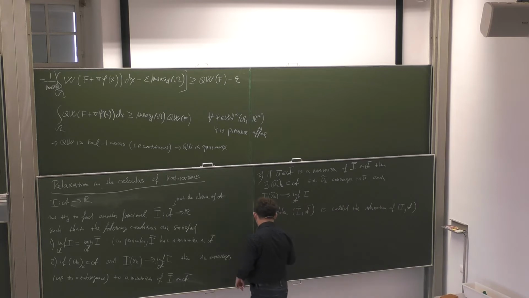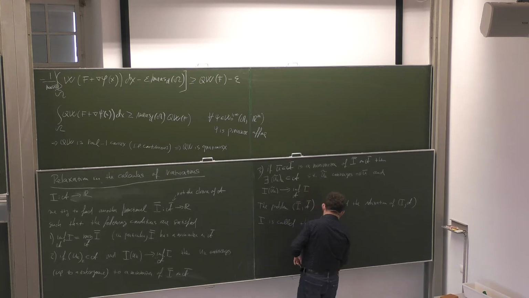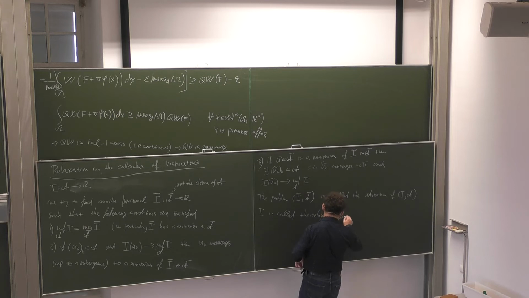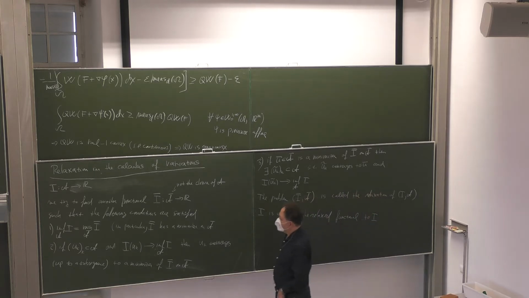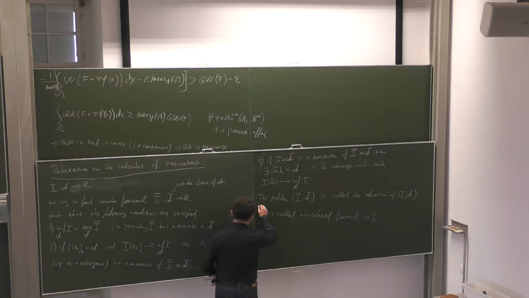And then, for example, I bar is called the relaxed functional to I. So I bar is called the relaxed functional.